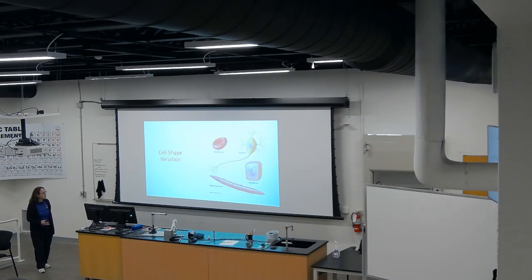So we have a variety of cell shapes. For instance, the red blood cells are discs that have biconcave sides. So these are biconcave discs. We have elongated cells like the nerve cells.